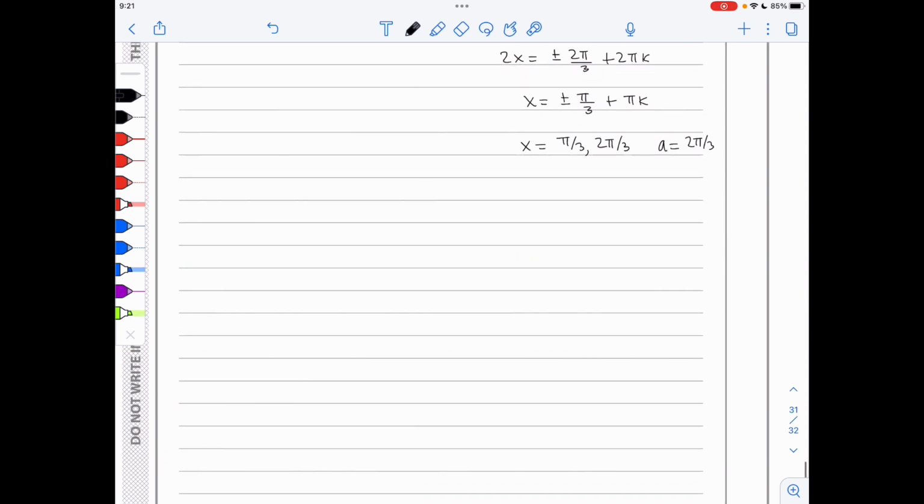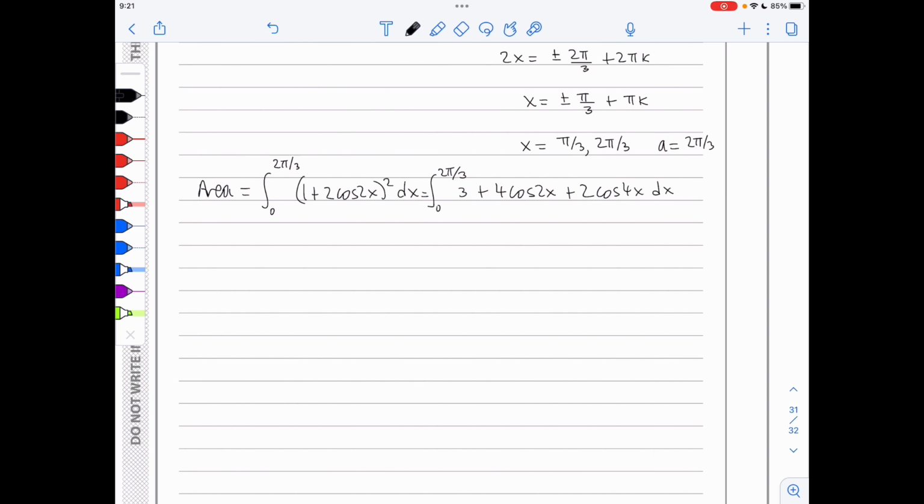Now this means that the area we're trying to find will simply be the integral from 0 up to 2 pi over 3 of 1 plus 2 cos 2x all squared dx. And now I'm using the first part where we express this as 3 plus 4 cos 2x plus 2 cos 4x dx.